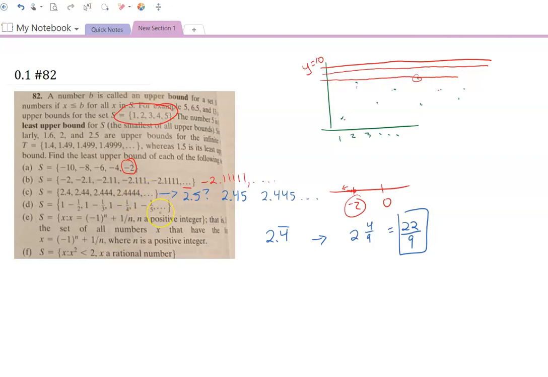For sets D and E and F, well, for D and E, I would recommend that you start by writing out what these numbers are. Like actually write what 1 minus 1/2 is, and then 1 minus 1/3 and 1 minus 1/4, and see if you can find a pattern. Same thing for set E, okay?